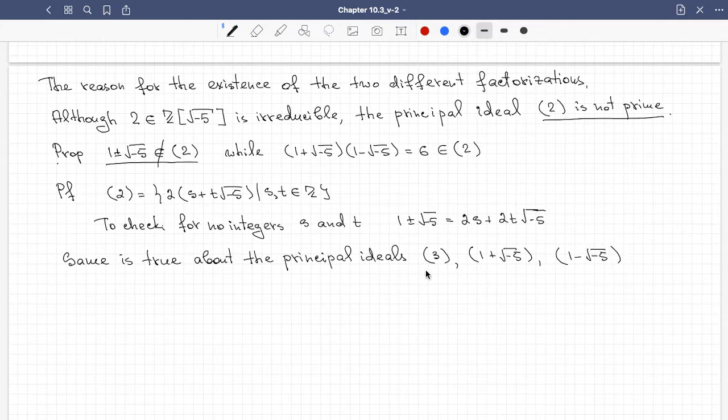All these elements are irreducible. All these ideals are not prime.